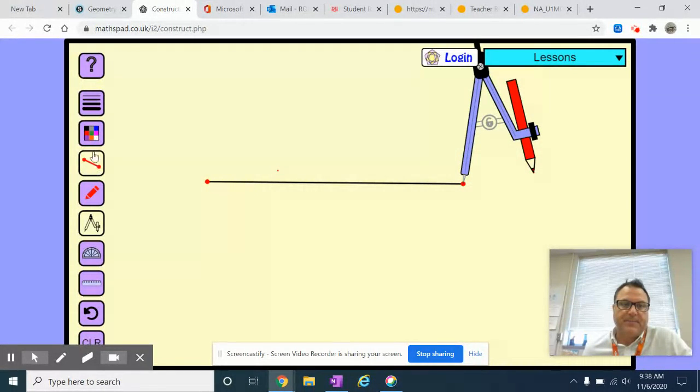Let's go to a blue line here. Let's say we want to take this blue line and we want to bisect it through AB.